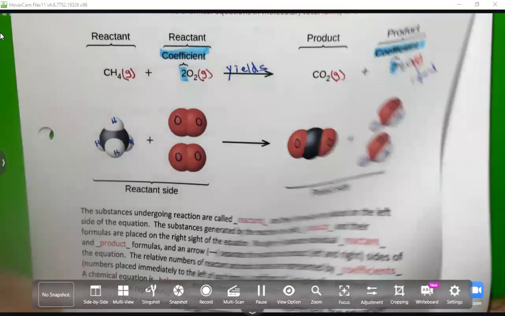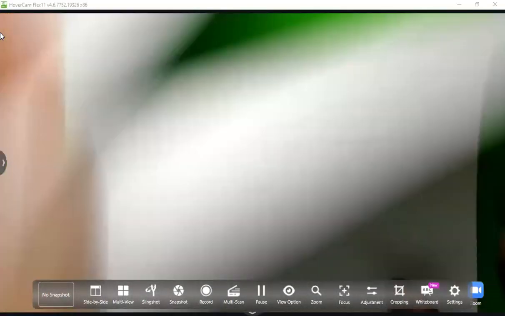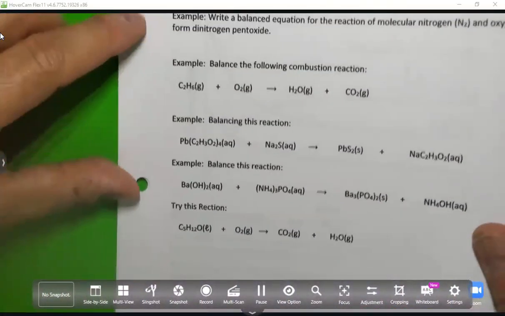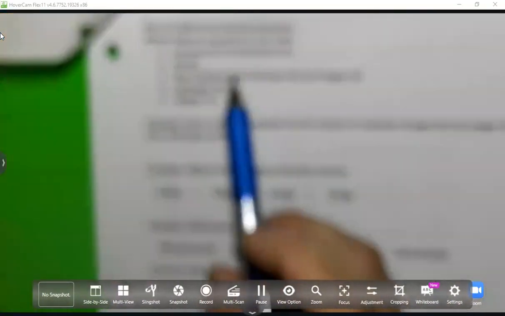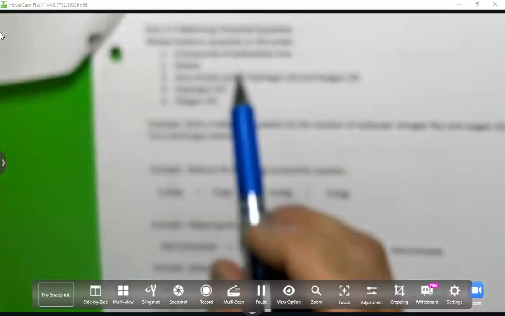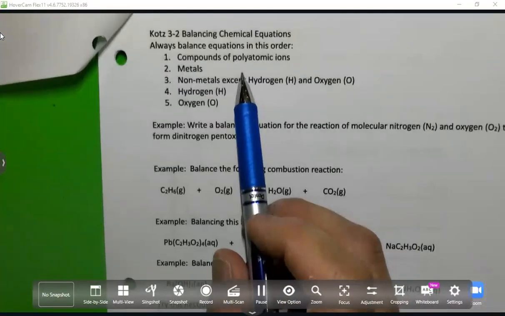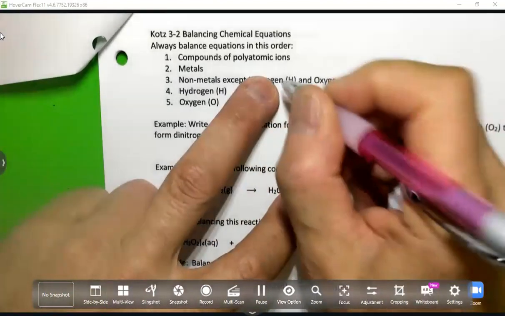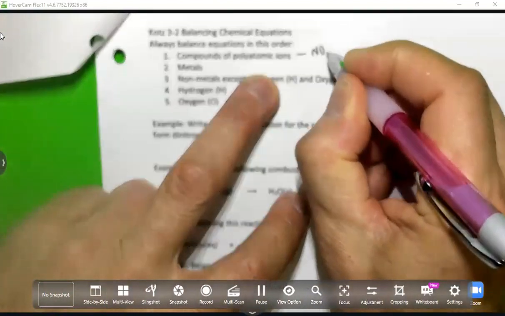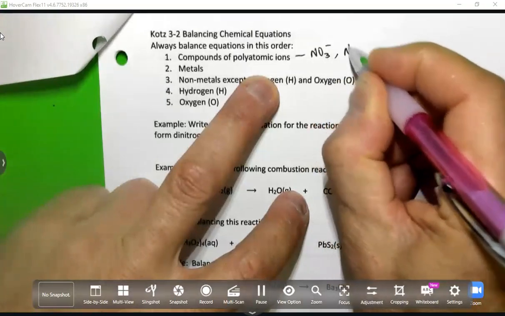So there's a specific order we should do that in, and that's this order right here. Compounds that contain polyatomic ions, does it contain nitrate? Does it contain ammonium?